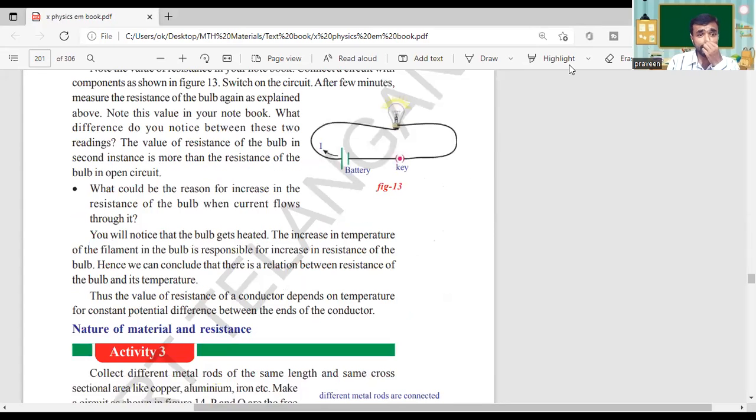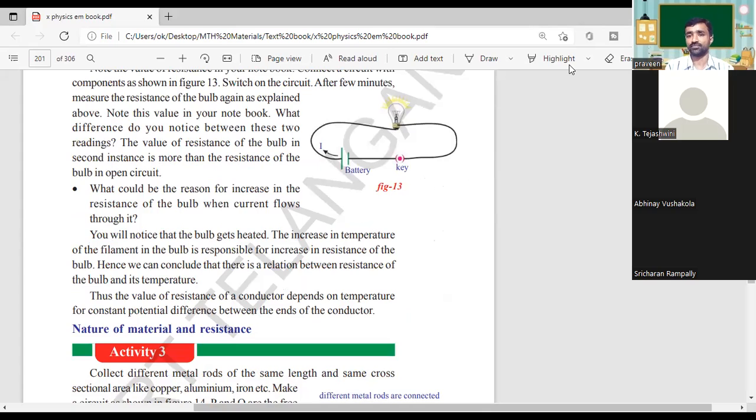Here, can you guess the reason why the resistance of the bulb increases with increase in the temperature? Can anybody answer me?